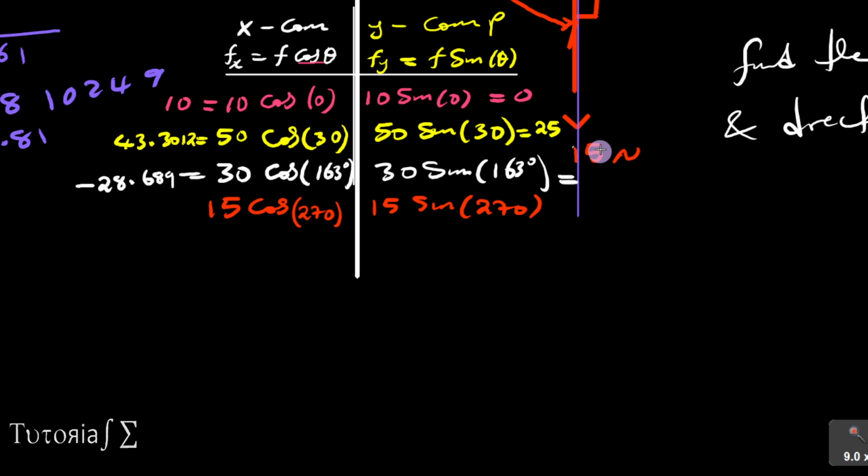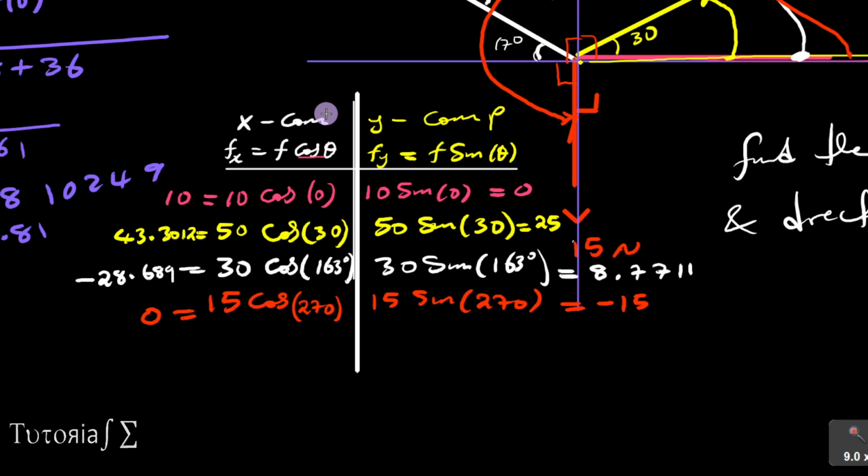So times 30, that will give us 8.7711. Okay, so we do the same even for the last one. So cos 270, that is 0. So this will give us 0. Then this will just give us negative 15. Okay, so now we have the forces and the components.